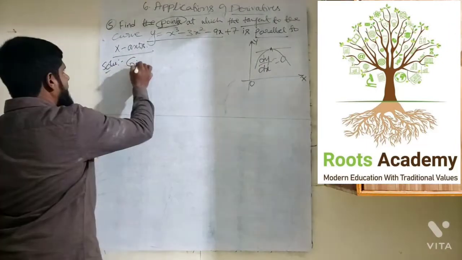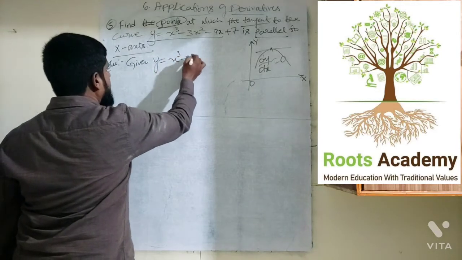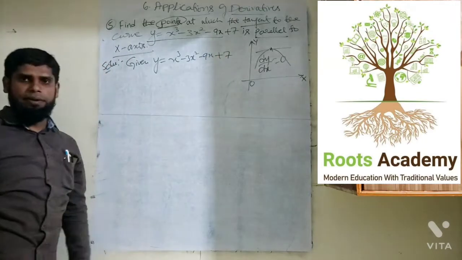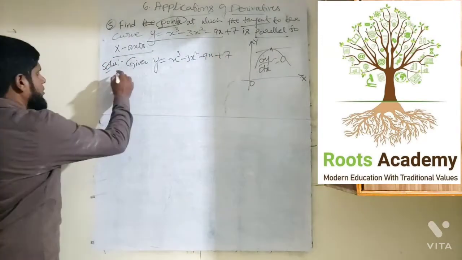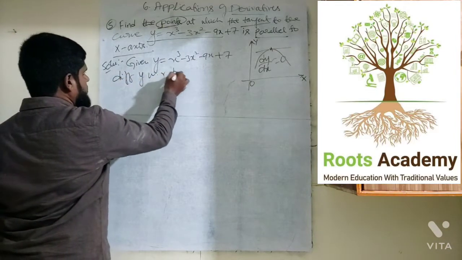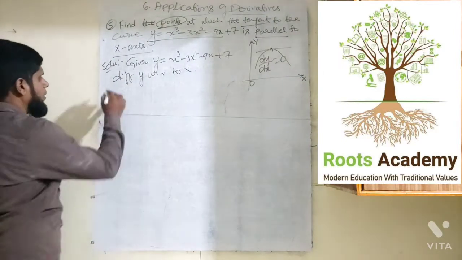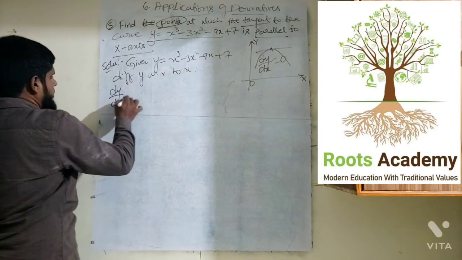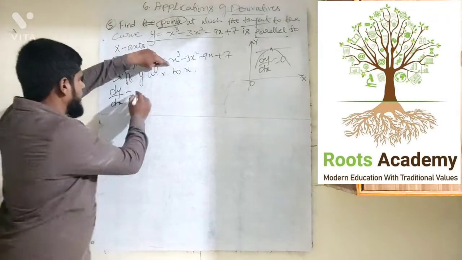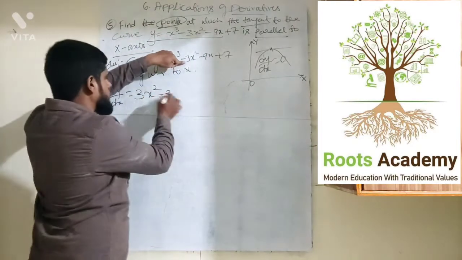Given y is equals to x cube minus 3x square minus 9x plus 7. Differentiate y with respect to x. Here dy by dx is equals to derivative of x cube, it is 3x square, minus 3 as it is.